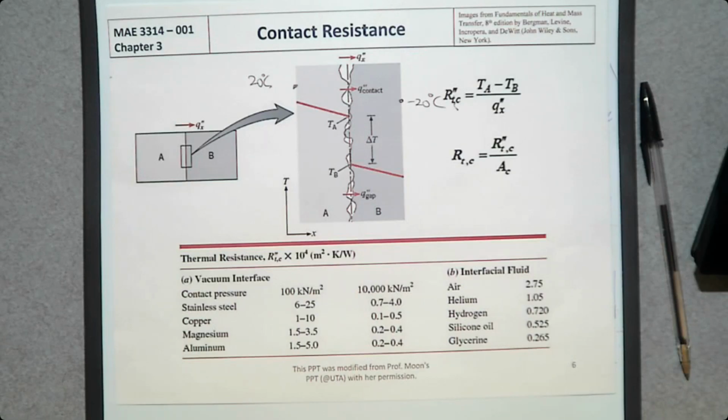Then next week, thermal resistance network in a different coordinate system. There are many coordinate systems, but we are going to focus on only 2 coordinate systems, which are most widely used in engineering systems.